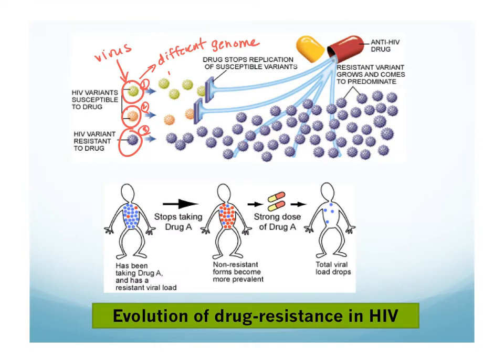And so when chemists make a drug, they make a drug that's going to be able to block or prevent the HIV from replicating. And remember, if there's no reproduction, then you can't spread your genome.